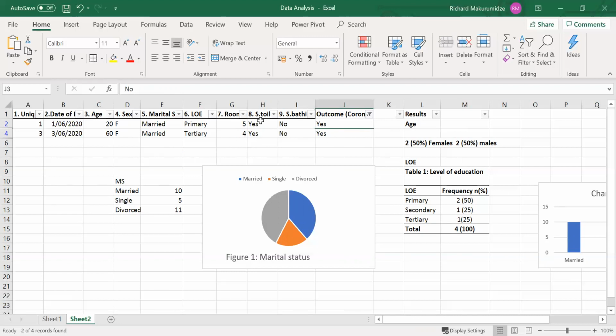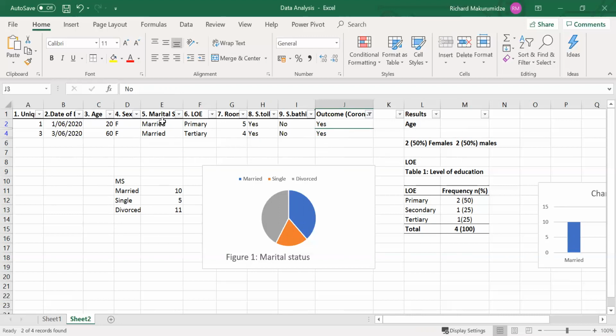Out of the four, yes, they were sharing a toilet. So I can count and say out of the four people, two of them had corona and they were sharing, which means sharing was a risk factor, something likely to cause corona.